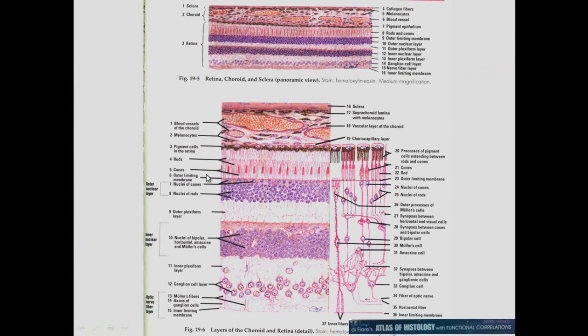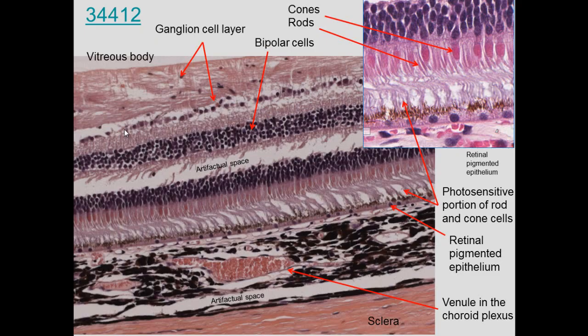And so basically there's several layers of the retina, but we'll just mention a few. We'll mention the retina is composed, as far as our purposes, of the ganglion cells, the bipolar cells, the photoreceptor cells, and the pigmented epithelium, and the choroid below.